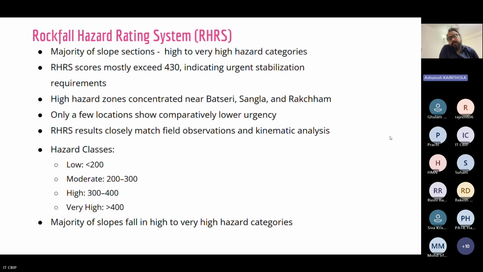So I won't go into the nuances of how we rate things, because essentially you take the concrete, tangible observations, and you map them according to different parameters which have been listed. So yes, if it's more than 400, that means it poses high rockfall hazard.